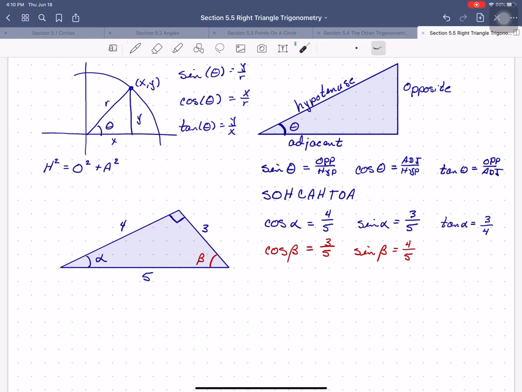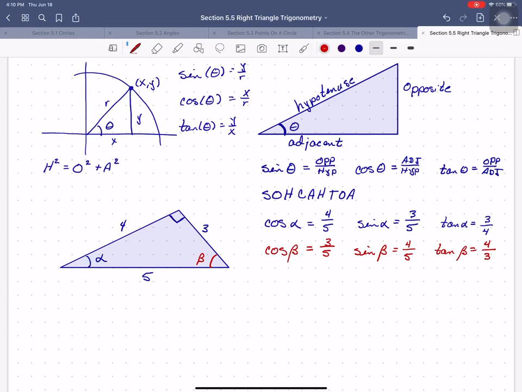So again, my angle beta, the side opposite is that one. And then tangent beta is the length of the side opposite beta divided by the length of the side adjacent. So we need to be careful and make sure we know which angle we are working with in our triangles.